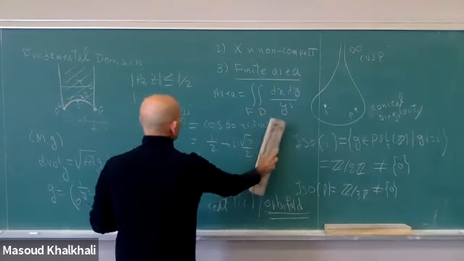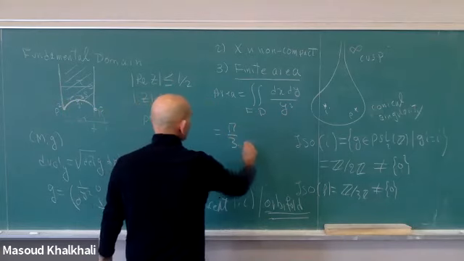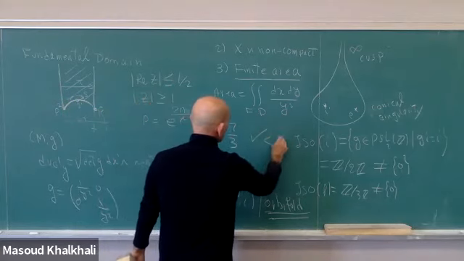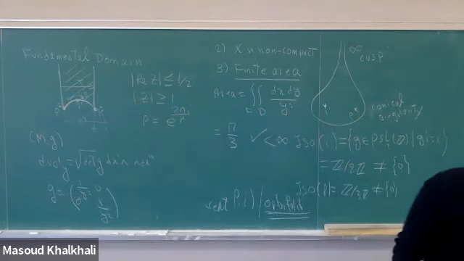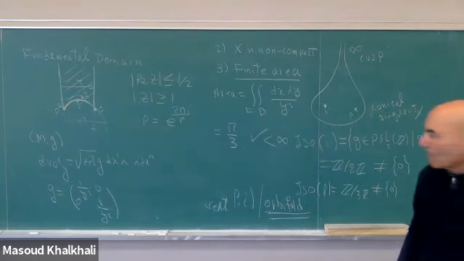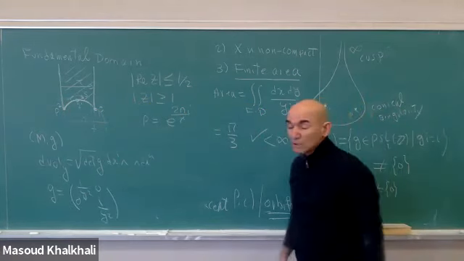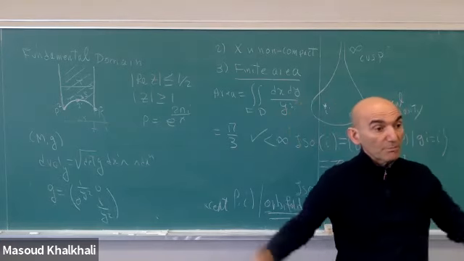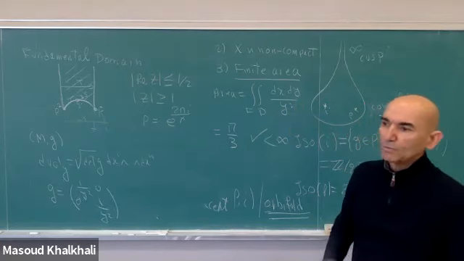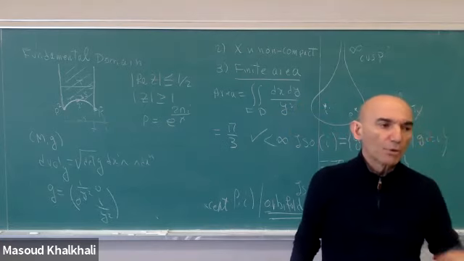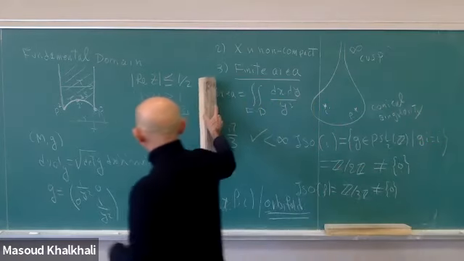The result is going to be equal to pi over 3, actually. This is certainly less than infinity. So it's a finite area, non-compact manifold with two singularities. It's also a Riemannian manifold because the metric goes down in some sense. To be very precise, it's a Riemannian orbifold if you want, but that's okay.